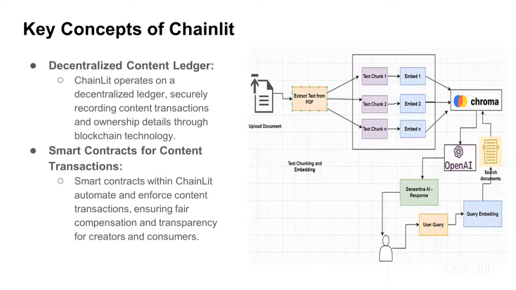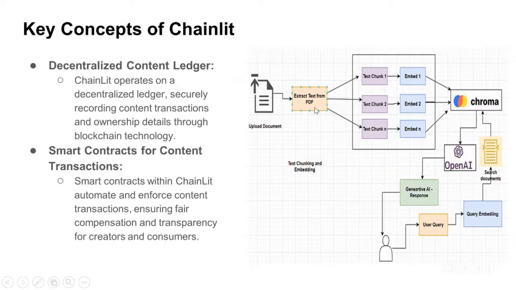So here we have the key concepts of Chainlit. There is a decentralized content ledger. Chainlit will operate on a decentralized approach, which will securely record content transactions and ownership details through blockchain technology. Okay, what it will do: first, we will upload some kind of document or file, whatever we want to extract.